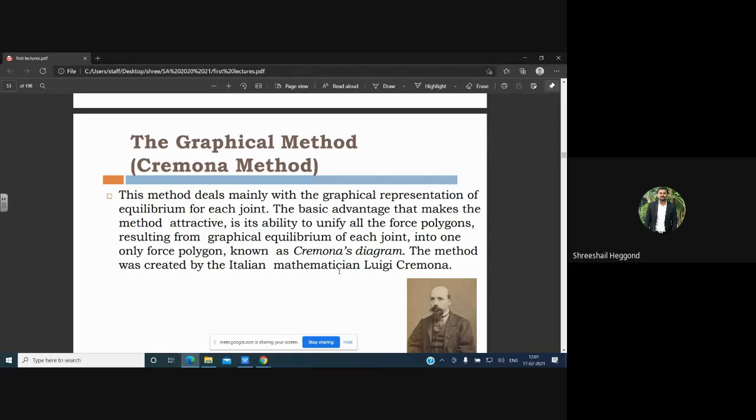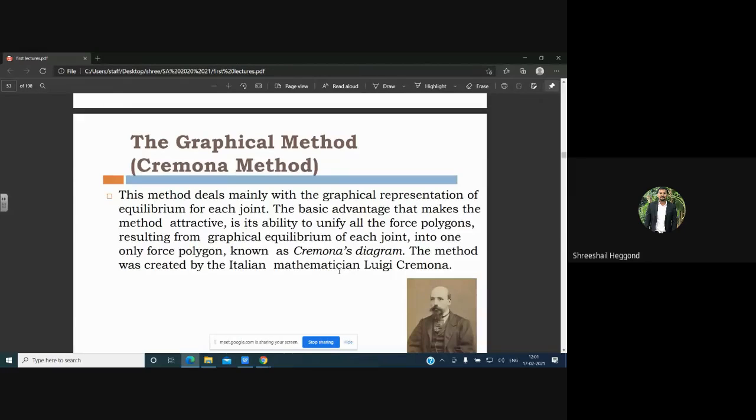given as the graphical method of analysis of trusses, or Cremona method, named after the scientist who designed the graphical method for analysis of trusses. This method deals mainly with the graphical representation of equilibrium of each joint.